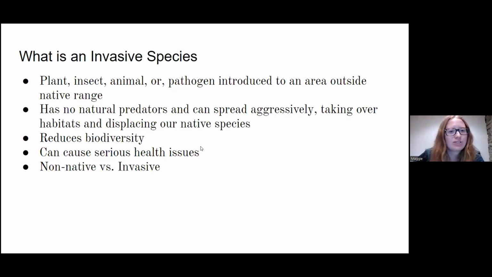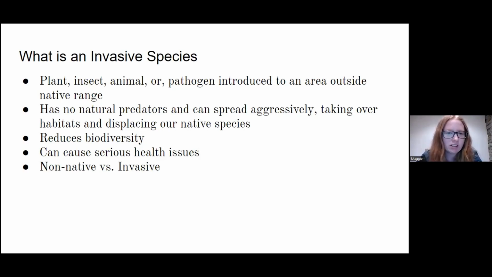So first of all, what is an invasive species? An invasive species is basically any living organism that's introduced to an area outside of its native range. It can be a plant, an insect, an animal, or a pathogen or disease. They spread really quickly.